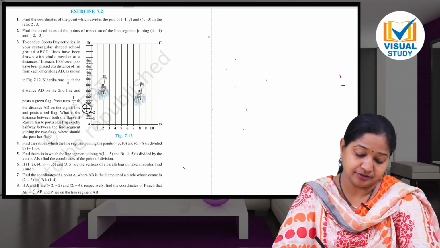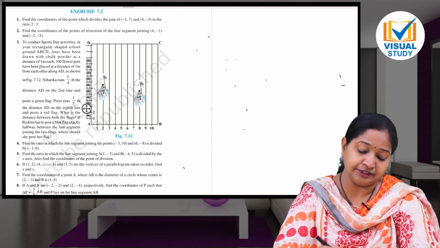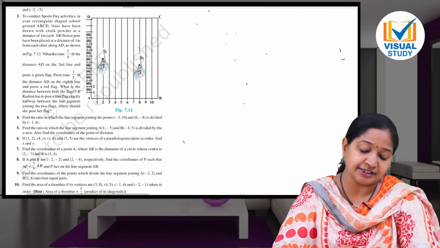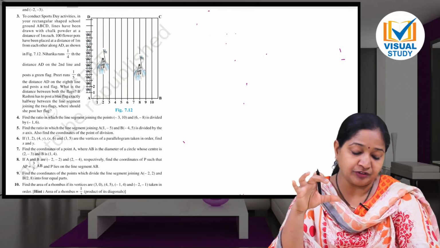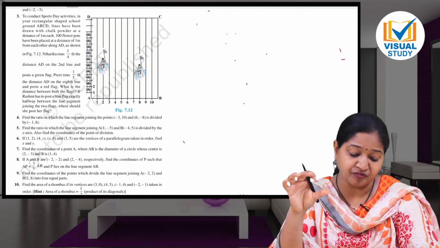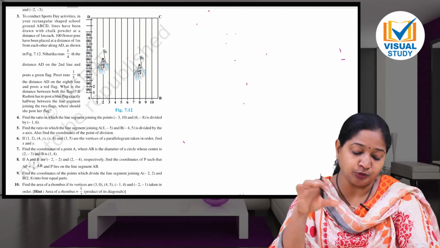Niharika runs 1/4 of the distance AD on the second line. Here she is on the second line. And Preet runs 1/5 of the distance AD on the 8th line. What is the distance between the flags if Rashmi has to post a blue flag exactly halfway between the line segment joining the two flags?